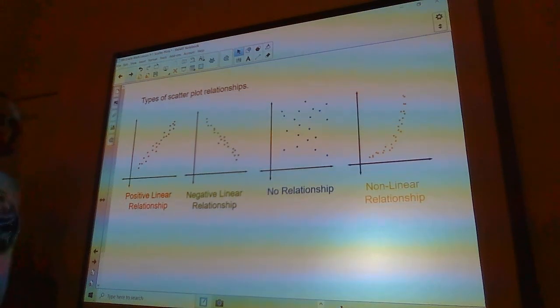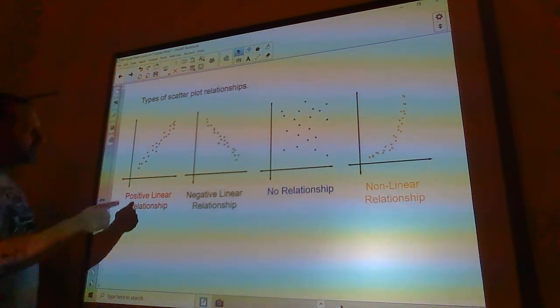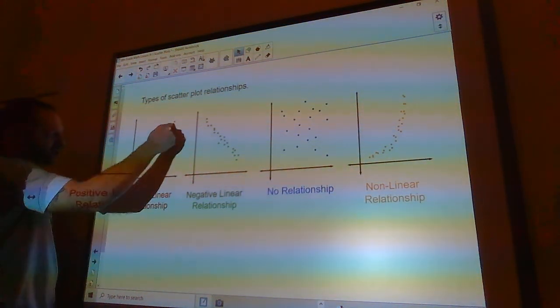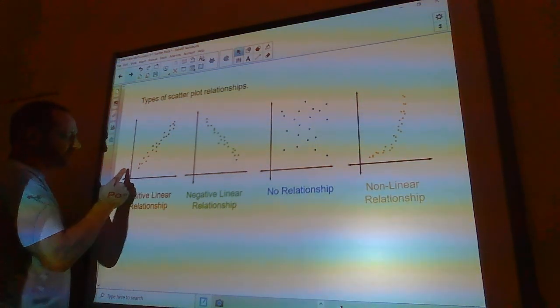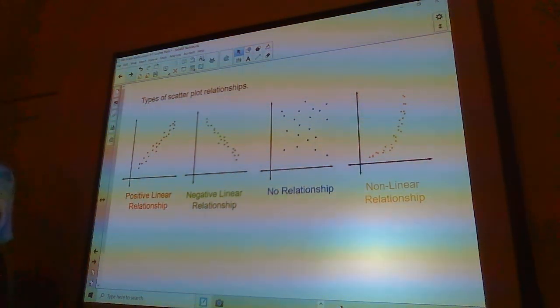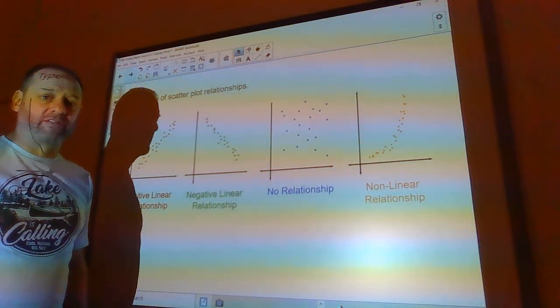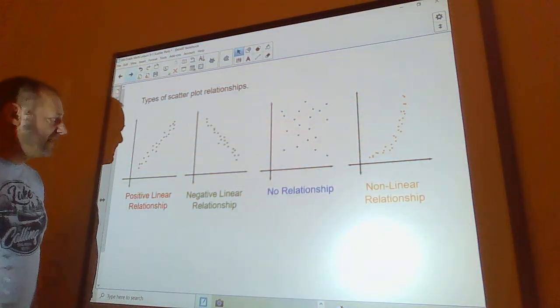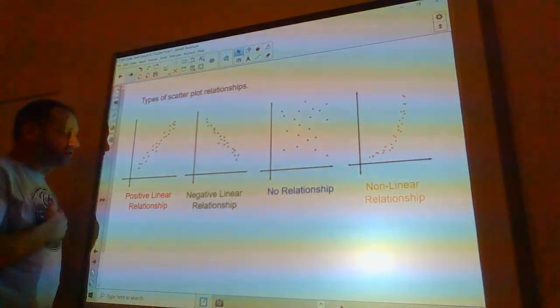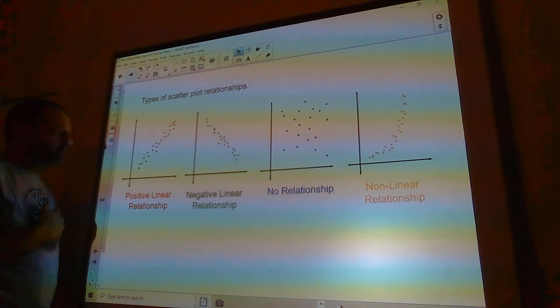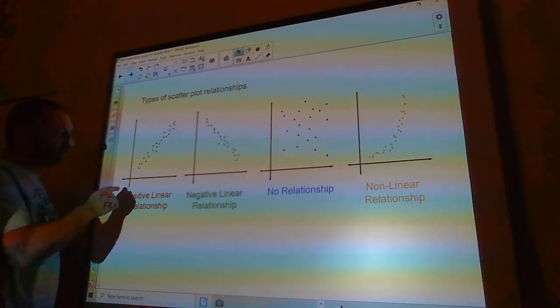Okay, so these are the types of scatter plot relationships. So you've got a positive linear relationship. So as x increases, y increases. An example of that might be the height of a person and their weight. Now that doesn't mean that everybody who's taller weighs more than somebody who's shorter, but in general they do.